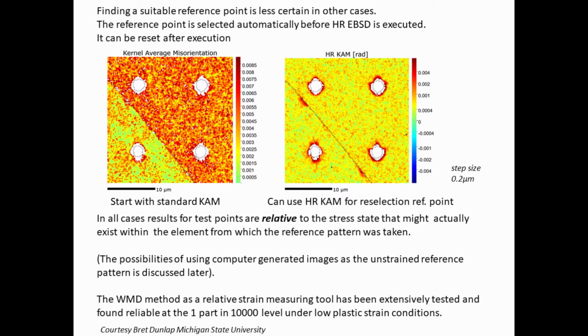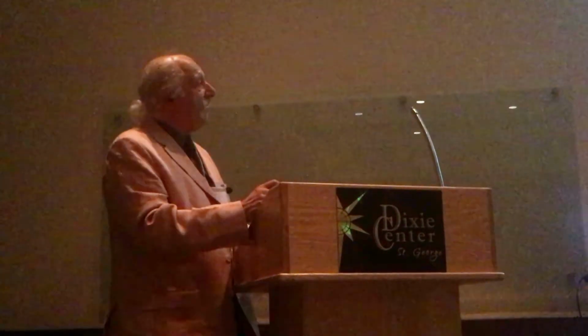Using that as a starter, and we do the same in this grain, we can then do the high resolution EBSD work, calculate the strain with that reference, and also recalculate the CAM, and we call it a high resolution CAM because our resolution now is of the same order as our strain measurement. That is 1 part in 10,000. We can measure to 1 part in 10,000 rotation between pixels in the sample.